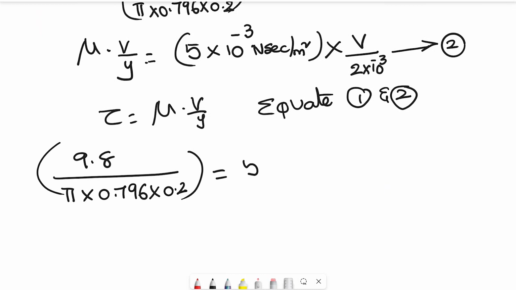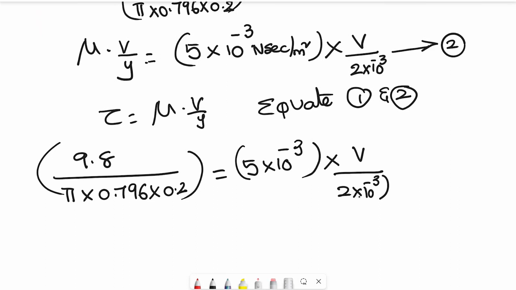This is 5 into 10 to the power of minus 3, the viscosity, into v divided by 2 into 10 to the power of minus 3, the y distance. If you calculate and simplify it, naturally V is equal to 7.841 meters per second.